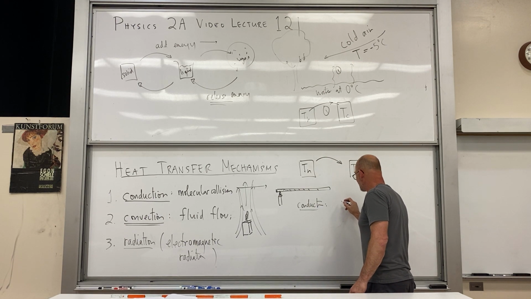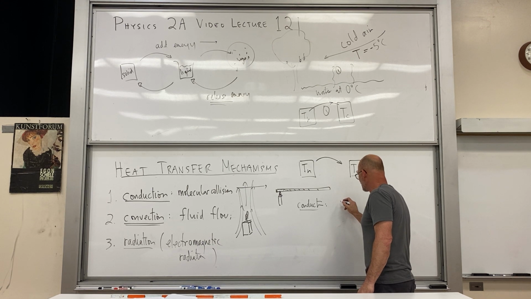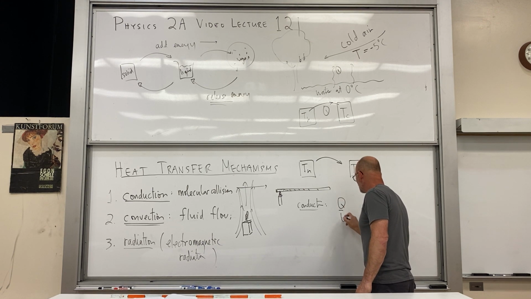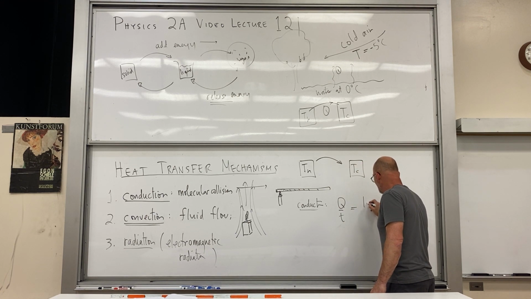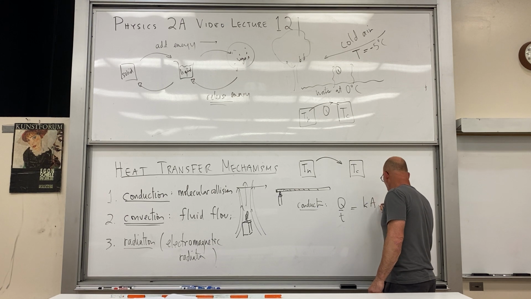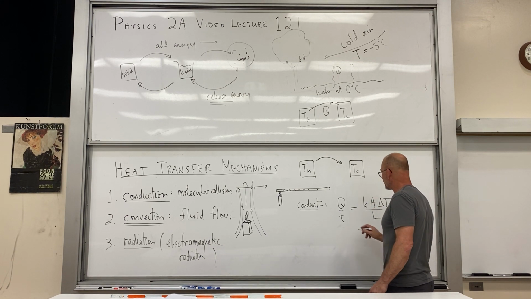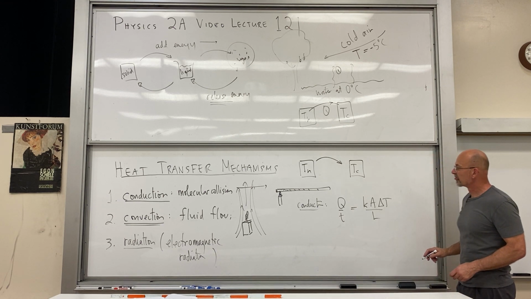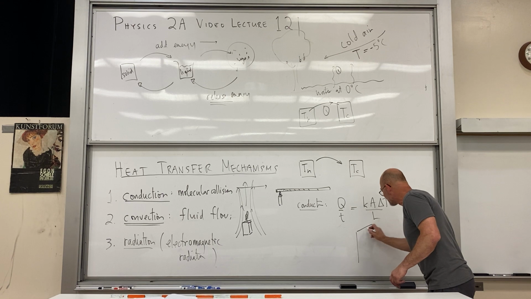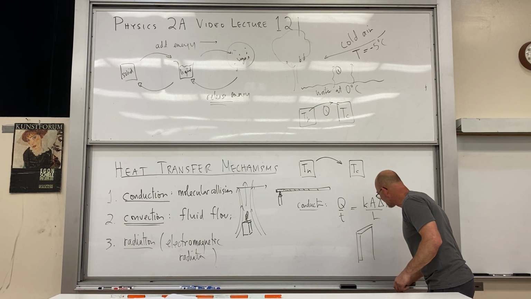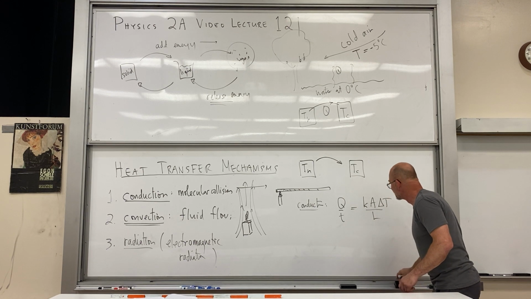So what we have is the power transferred, Q over T, is K A delta T divided by L. So this is the transfer of heat across an object of cross-sectional area A and thickness L.